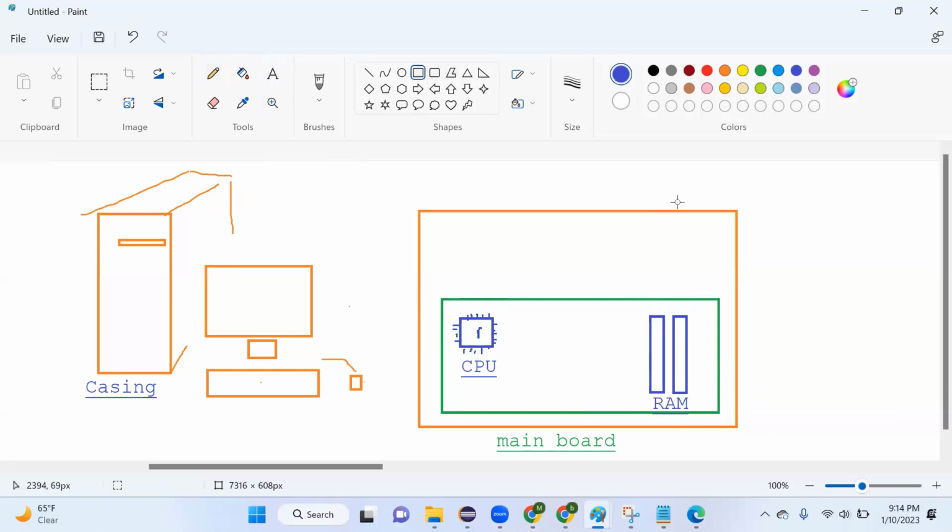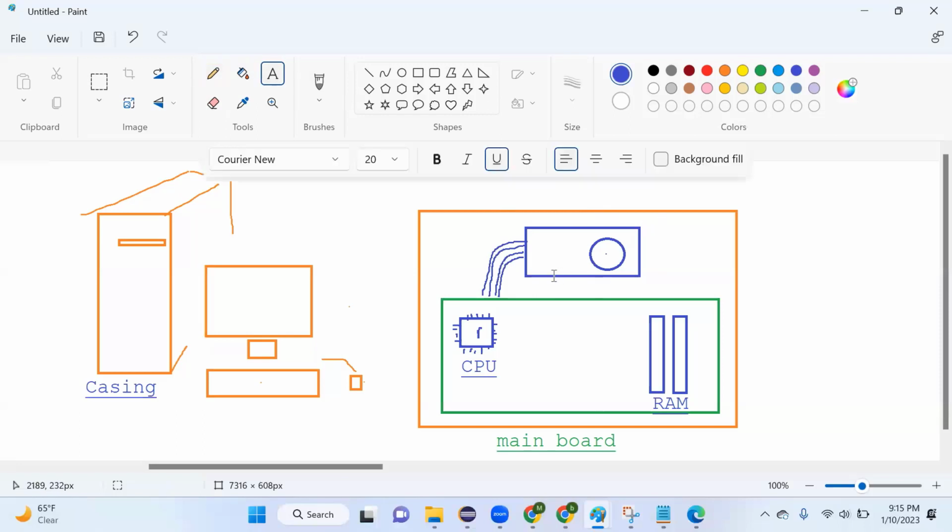And you will find one device on the upper side of the motherboard, which is connected with a big cable. What is it called? And it has a cylinder inside this device. What is it called? Hard disk, HDD.